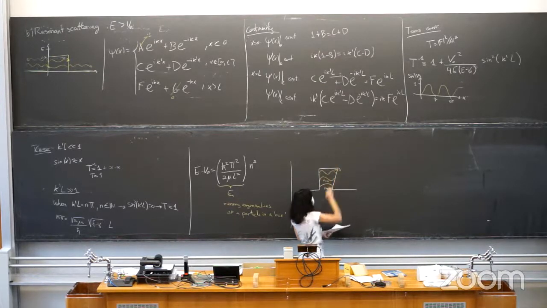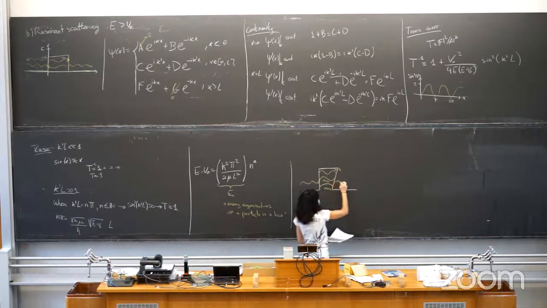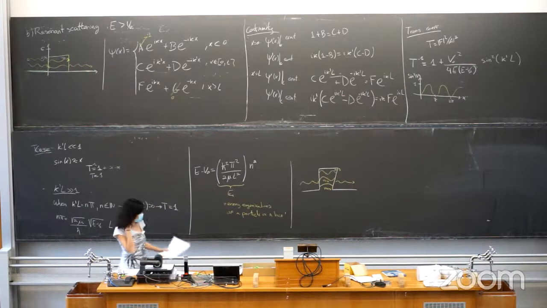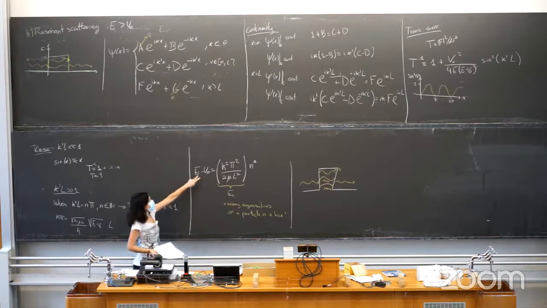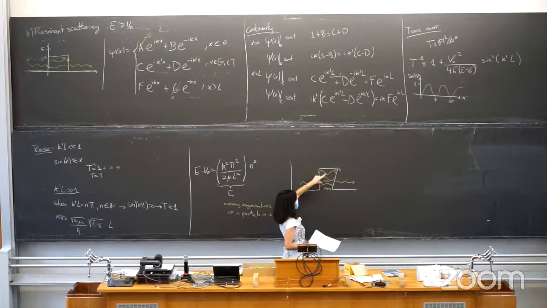And then we have the incoming and the transmitted. So wait, what does this mean? That when the energy of my particle is such that it corresponds to these energy eigenstates of a particle in a box, so it fits really well.